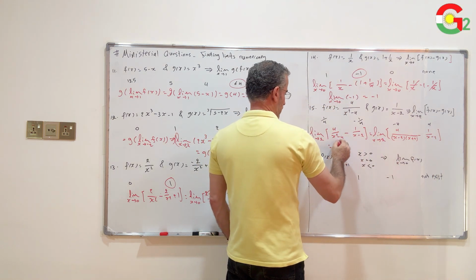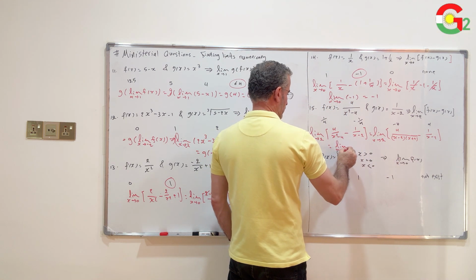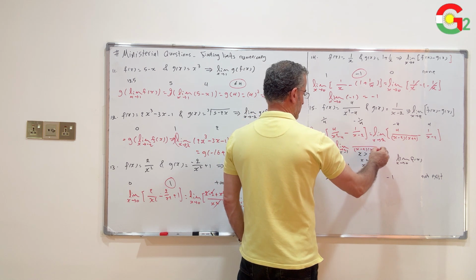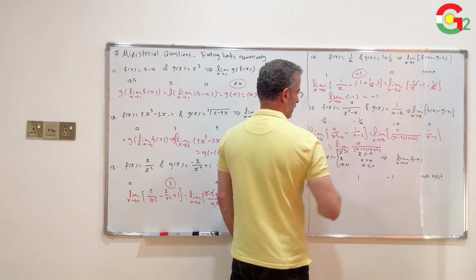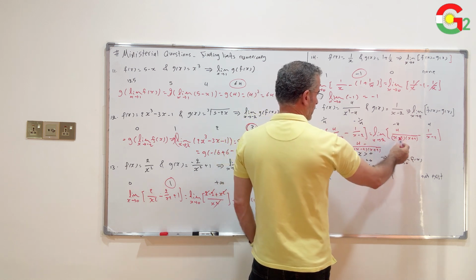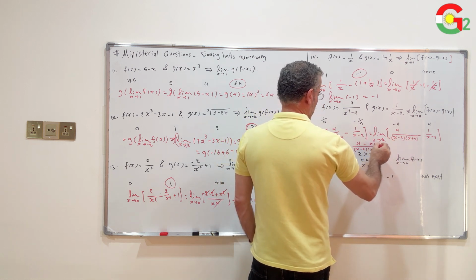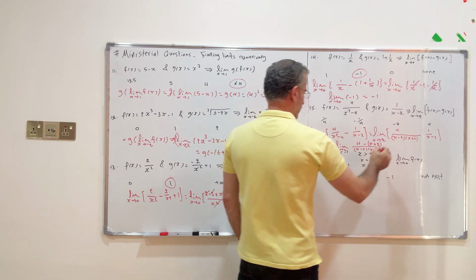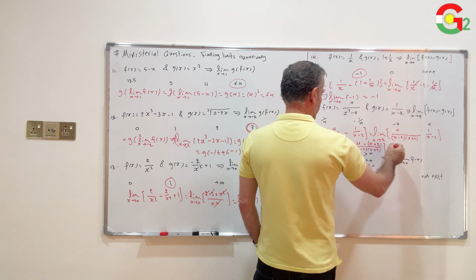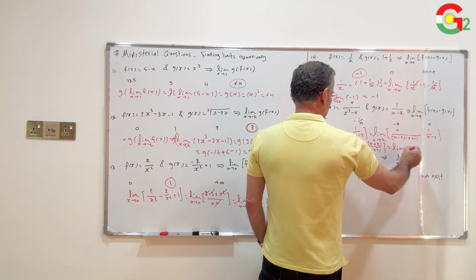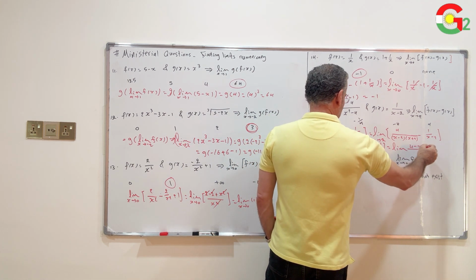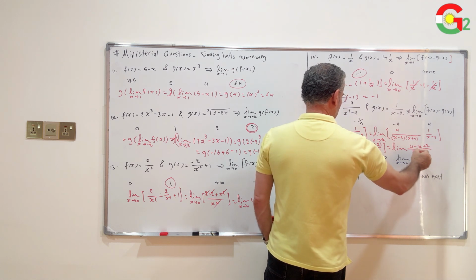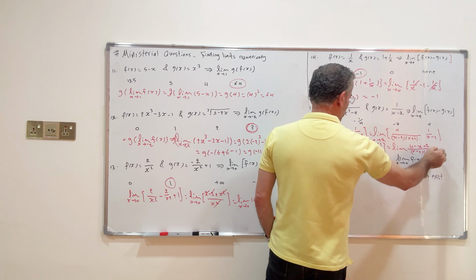Then the limit will be limit x approach 2, common denominator x minus 2, x plus 2. For the first fraction is 4, for the second fraction is x plus 2. Equal to limit of 4 minus x plus 2 over x minus 2, x plus 2.